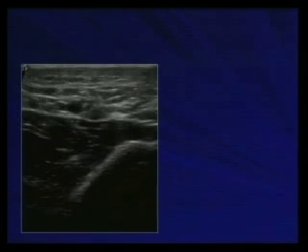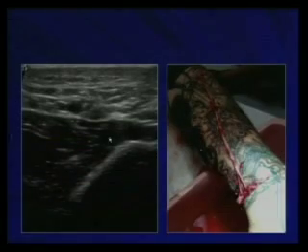And the patient showed me a picture from his iPhone, and he showed me this. This patient was bitten by a dog at the level of the wrist, and the sensory branch was avulsed from the elbow.